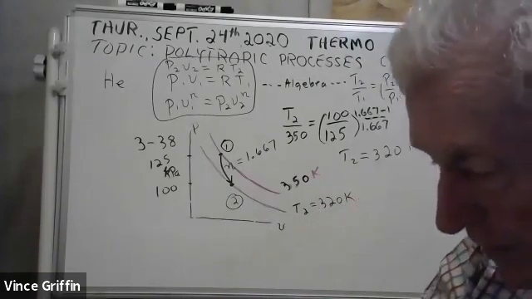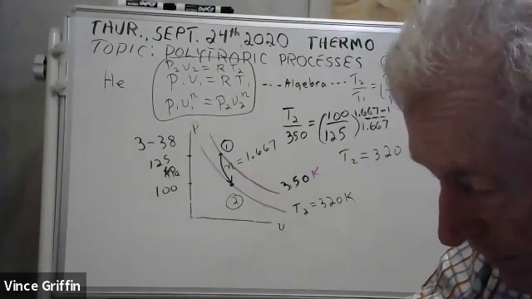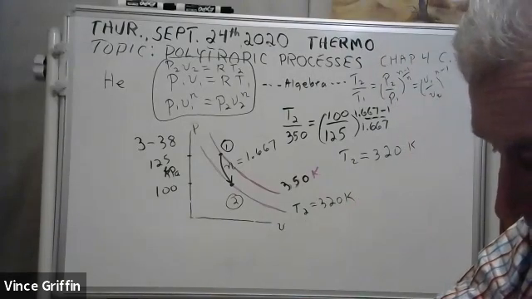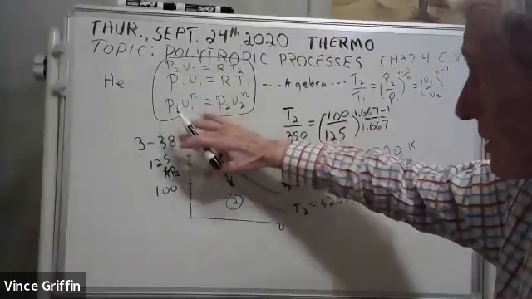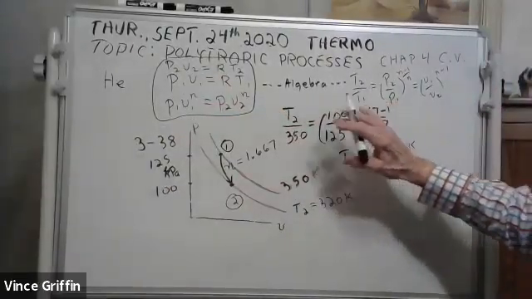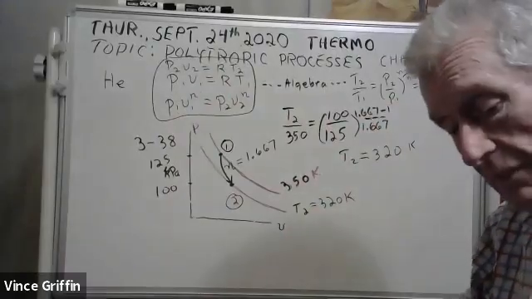And did anybody else get that? If so, say uh-huh. Uh-huh. Yeah, there's one. That's what I got. Good deal. Now let me go through the algebra on this so that you'll know where this formula came from. Mr. Griffin? Yes. I got the same T2, but I used a different equation.